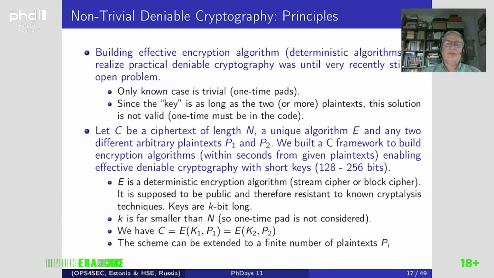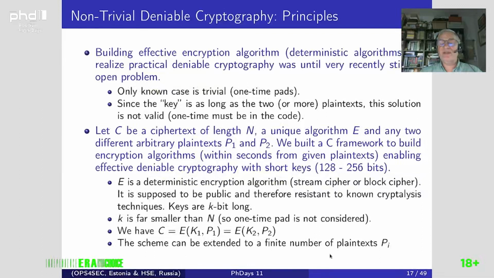So we managed to solve this problem by using a deterministic algorithm with short keys. Short means the same size as usual encryption algorithms, from 128 to 256 bits. It means that from a given ciphertext and the same algorithm, using two different keys, key 1 or key 2, we can produce two different plaintexts, P1 and P2.